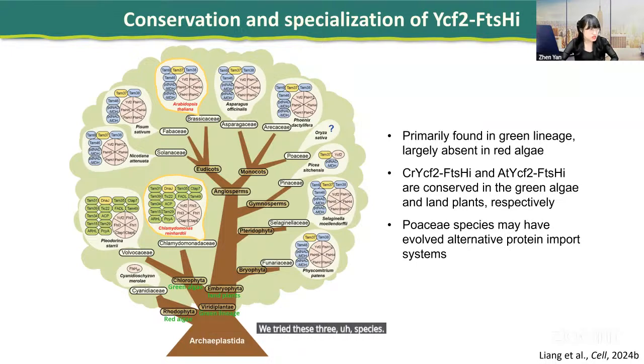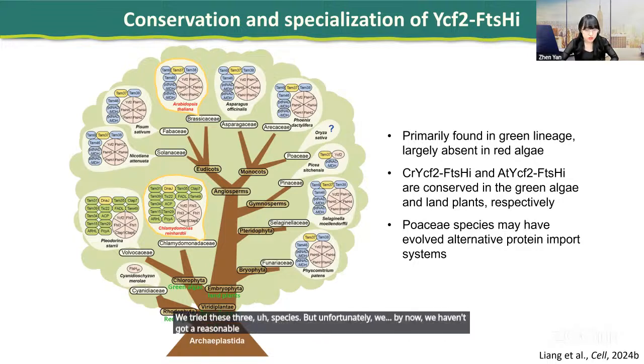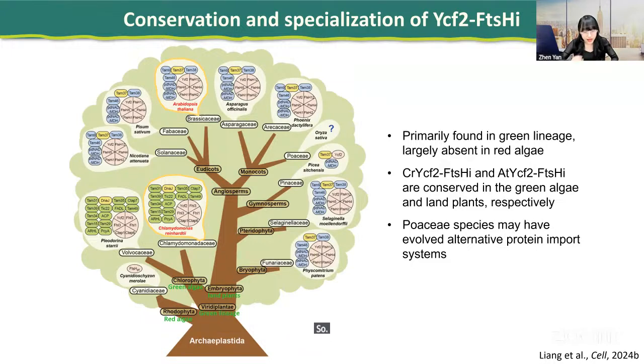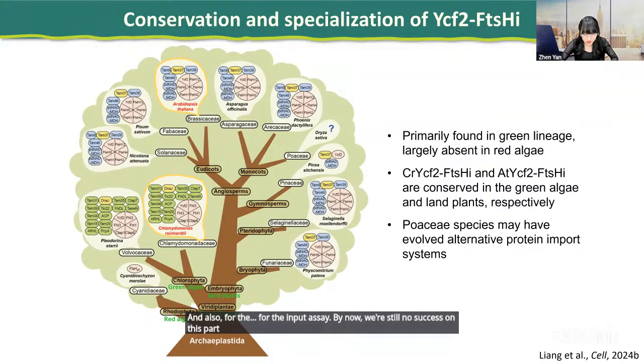But unfortunately, by now, we haven't got a reasonable result to identify whether a stable complex is involved. So through tagging, we cannot isolate a well organized complex. And also for the import assay, by now we still have not succeeded on this part. But it is the most important future direction for us.